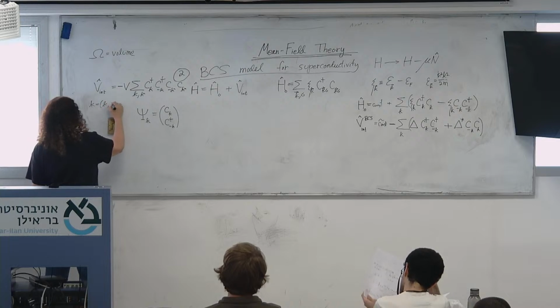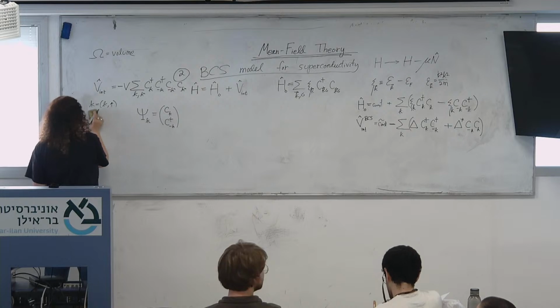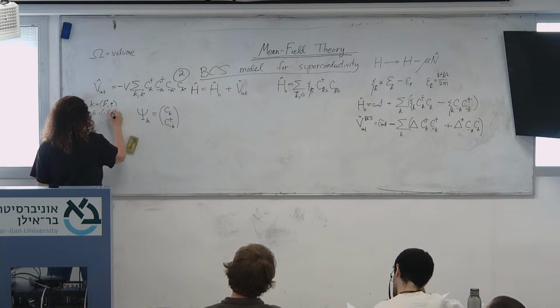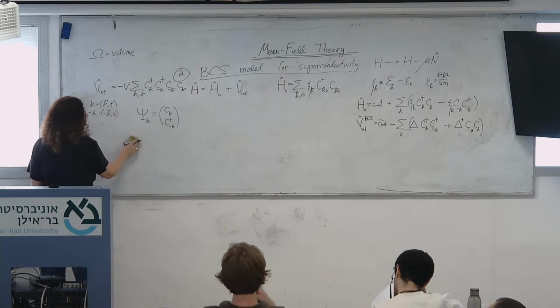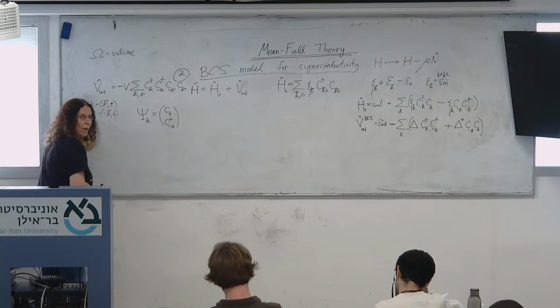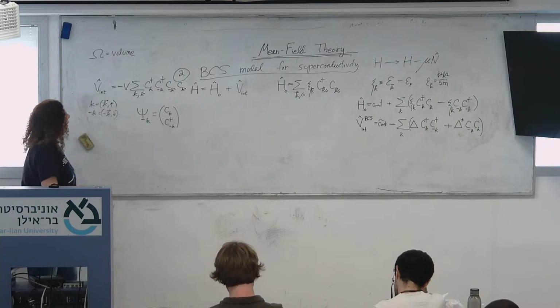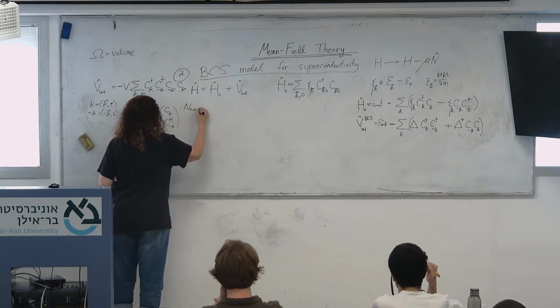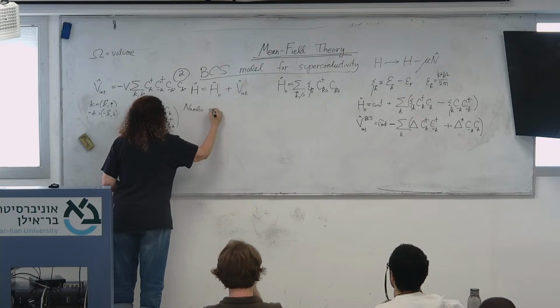This is k up, and minus k down. Okay? All right. This is called a Nambu spinor.